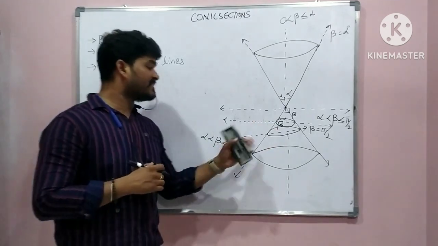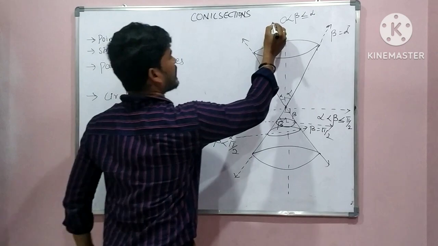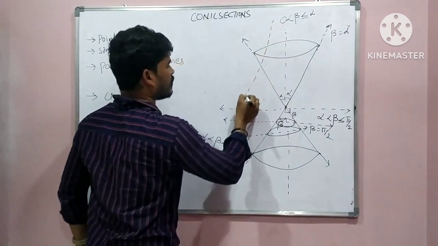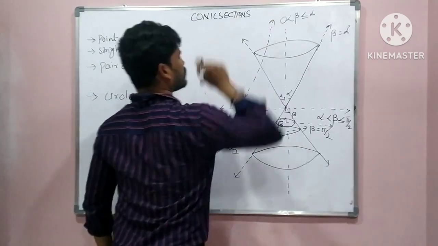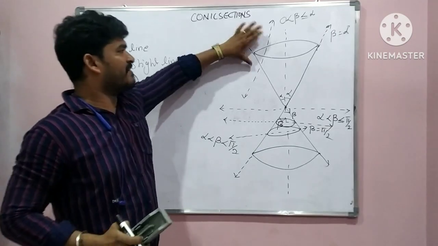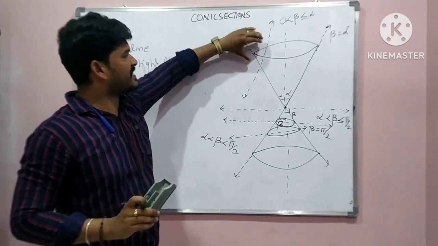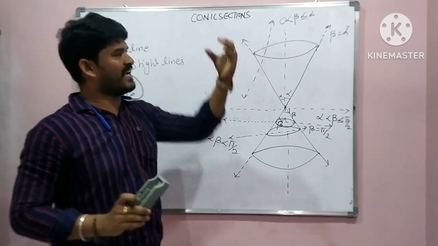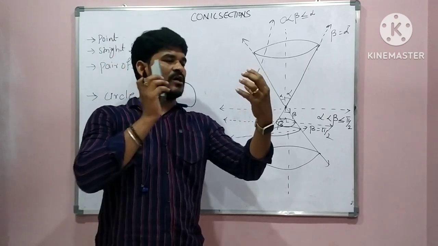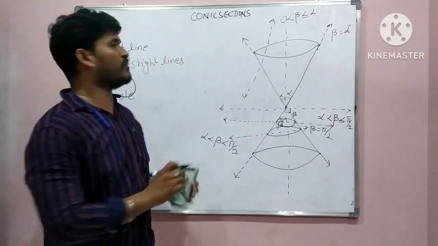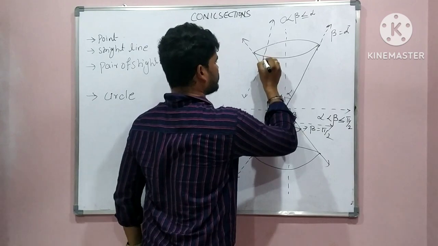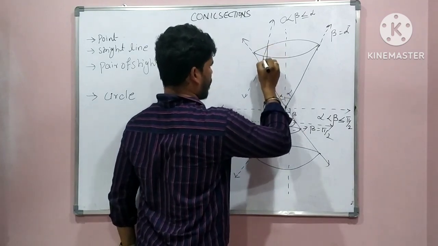In the same way, we cut this cone on the corner part. Whenever we cut this cone, we take this part in hand. Observing the front view, we get a shape like this.